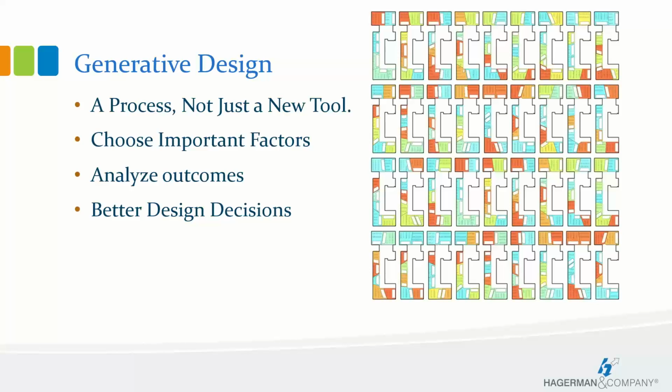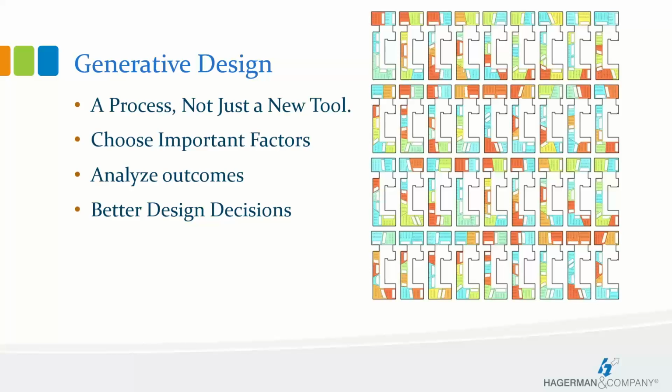Okay, so now that you have a little bit of an understanding of Dynamo and how you can leverage that inside of Revit, let's move ahead to the next part of this presentation. So generative design is not just a flashy new tool that has been added to the software.